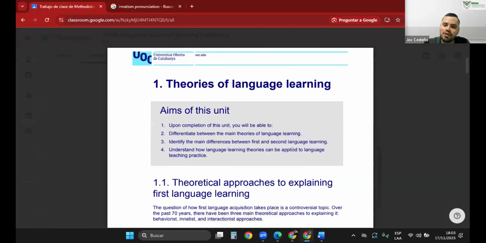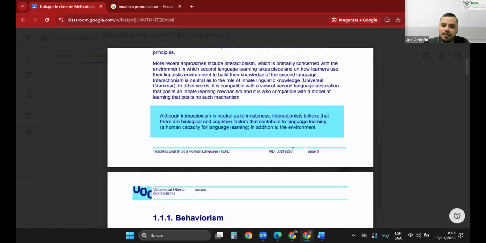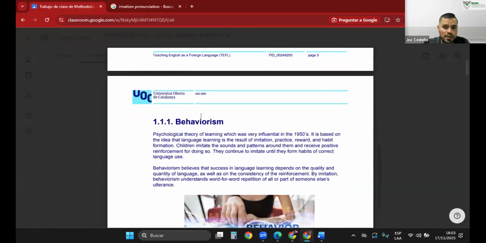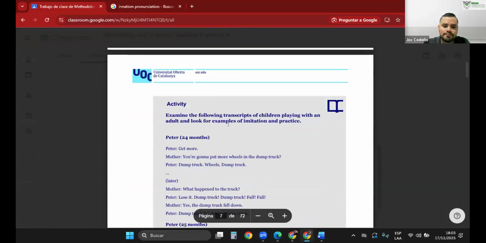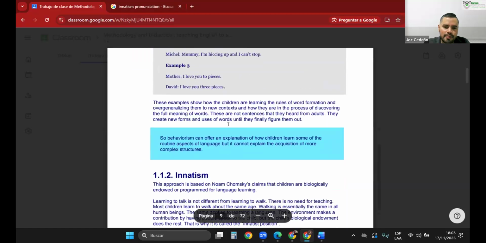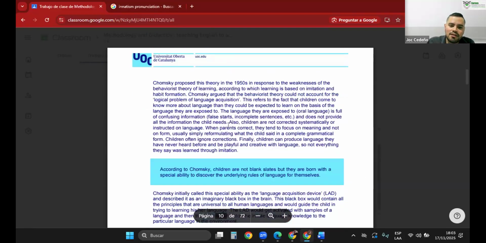What are some topics that we've revised? We revised theoretical approaches to explaining first language learning. We saw behaviorism, el conductismo, behaviorism. We also learned about innatism. Innatism, that's another theory from Noam Chomsky.